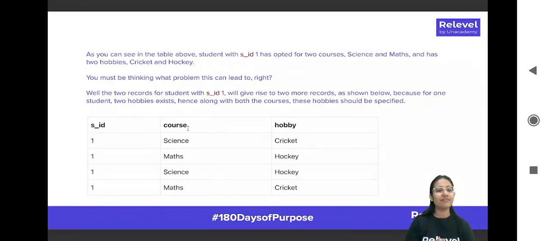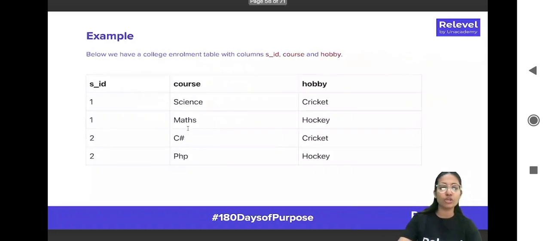The problem is that the two records for student 1 will actually give rise to two more records, as you can see here. Because for one student, two hobbies exist, along with both the courses these two hobbies should be specified. How come that in front of science we just have cricket?